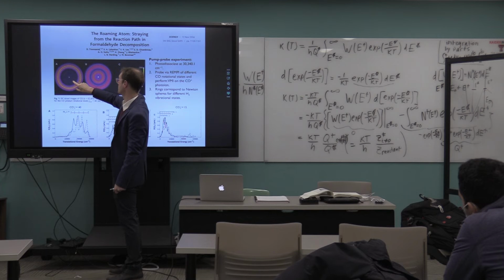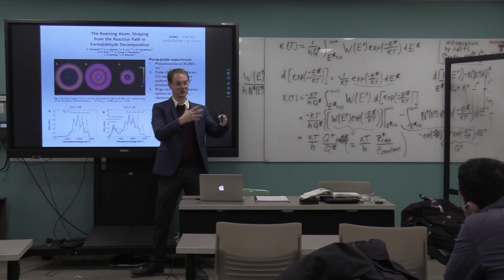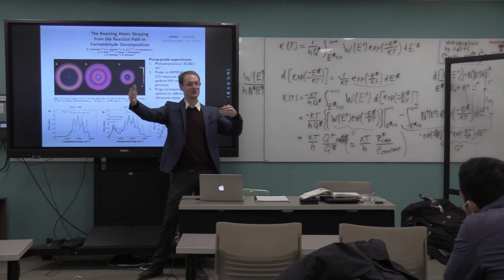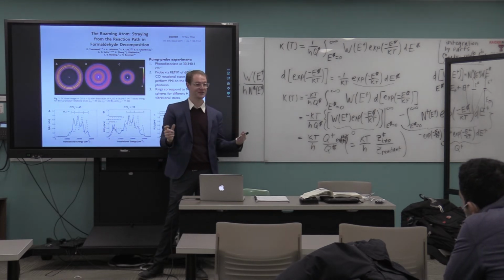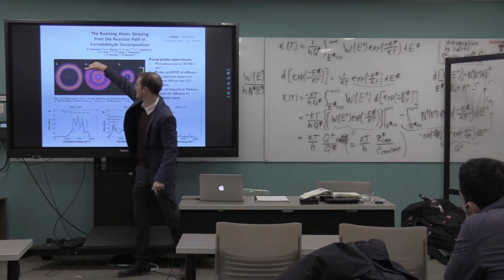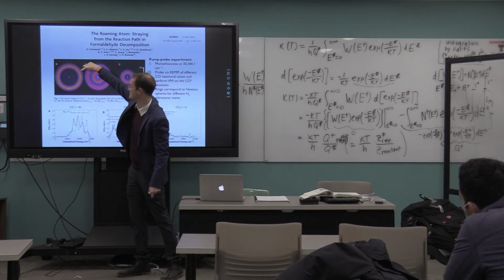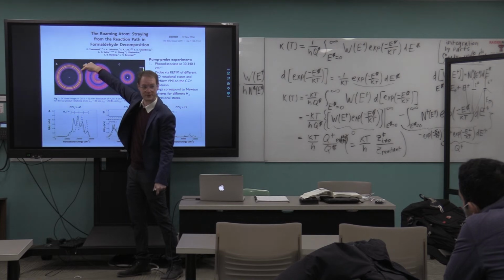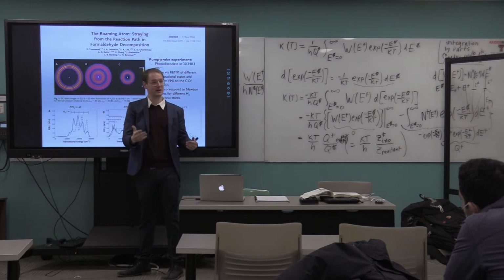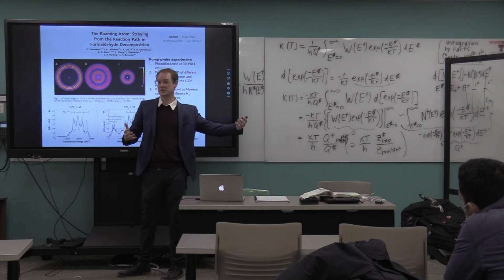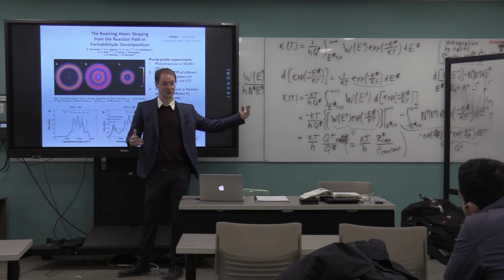If you look at this distance, calibrate the velocity and then measure the energy, it's the amount of energy that would be left over if you produce H2 in the V equals 0 state. So this outer ring means the H2 was produced in V equals 0. Then as you go inward, you have less energy available to translational energy in the CO product. That means more of the energy had to be in the vibration of the H2.